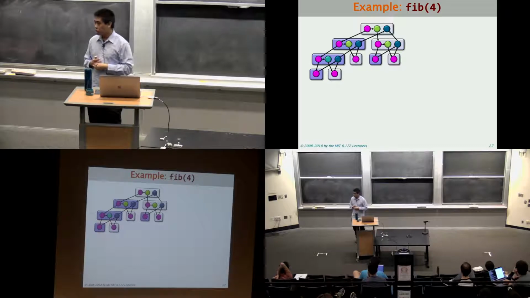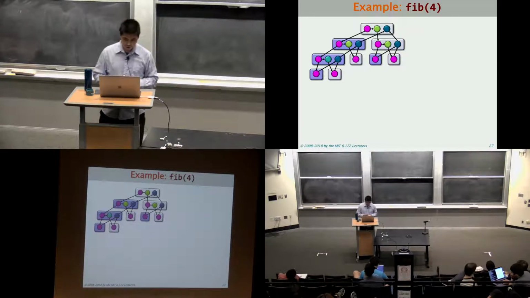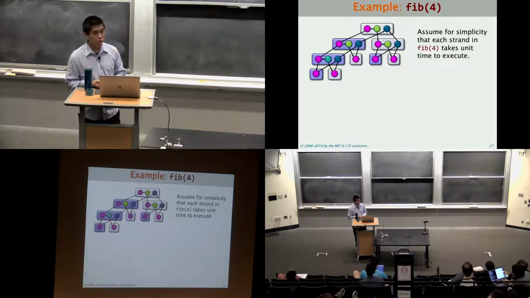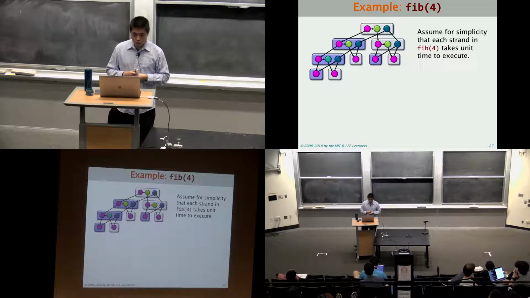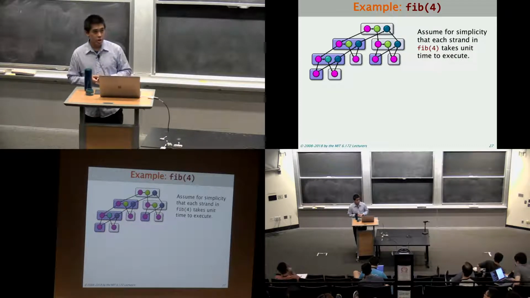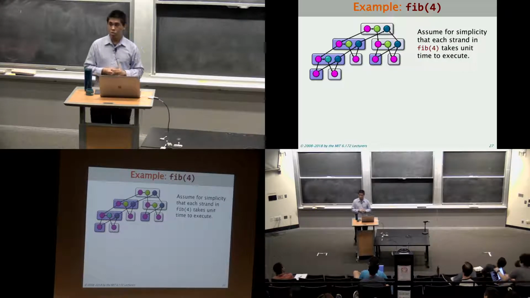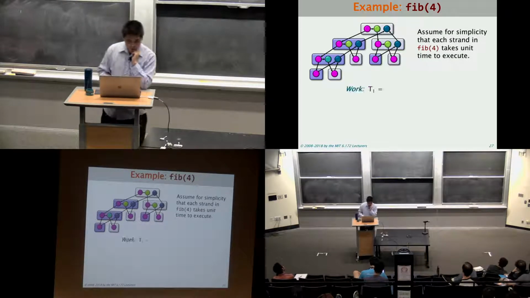Okay, so now we can go back to our Fibonacci example. And we can also analyze the work and the span of this and compute the maximum parallelism. So again, for simplicity, let's assume that each of these strands takes unit time to execute. Again, in practice, it's not necessarily true, but for simplicity, let's just assume that.